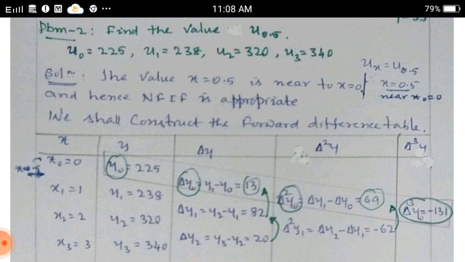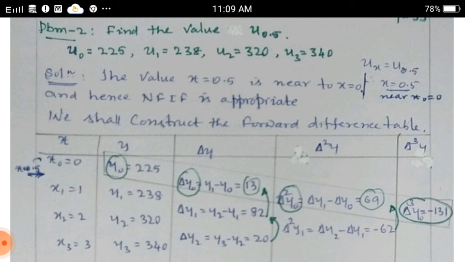Let me write the first forward differences. Delta y0 is y1 minus y0, you may calculate in the first column. First difference y1 minus y0 is equal to 238 minus 225 is equal to 13. Delta y1 is y2 minus y1, 320 minus 238, is equal to 82.